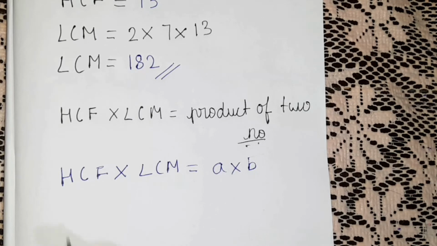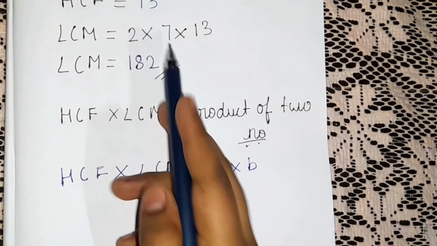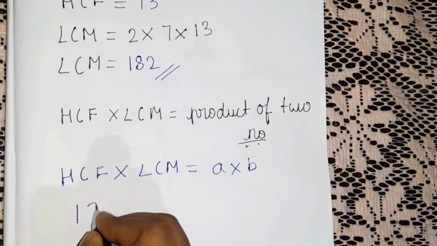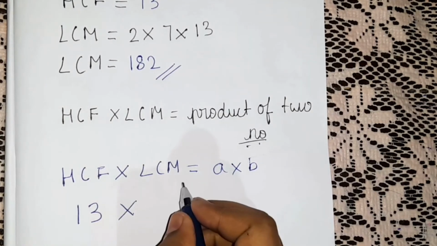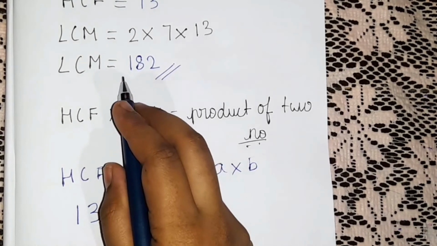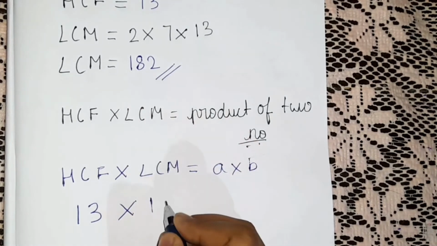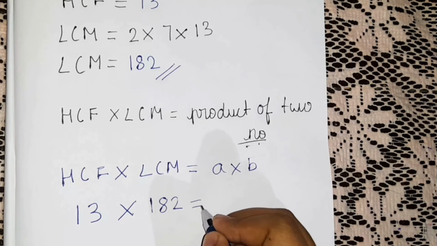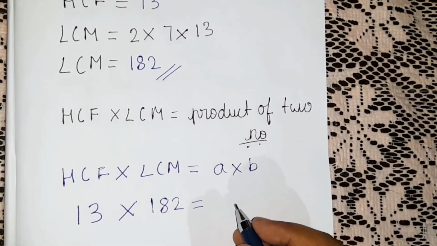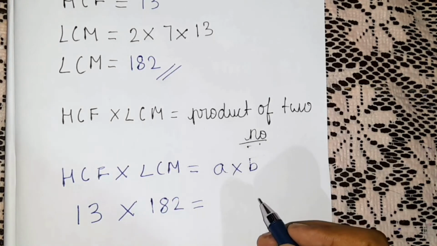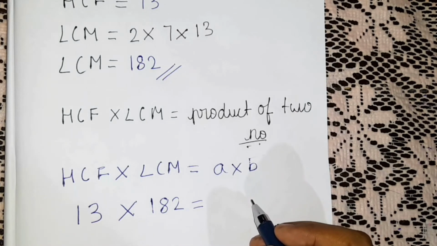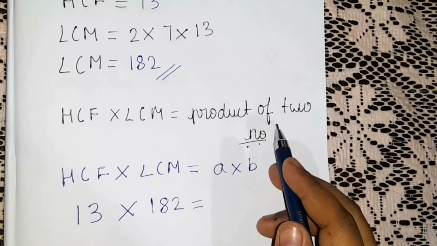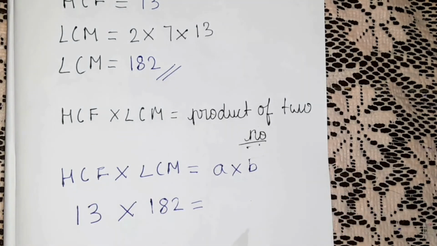Here the HCF is 13. So we shall write 13 into, what is the LCM? Here the LCM is 182. So I am writing 182 is equal to, and here you might have a doubt, what is A and B? We don't have any value for A and B. As I told you, in the question they mentioned product of two numbers. So we take the question, that is in the third subdivision, the question is 26 and 91.